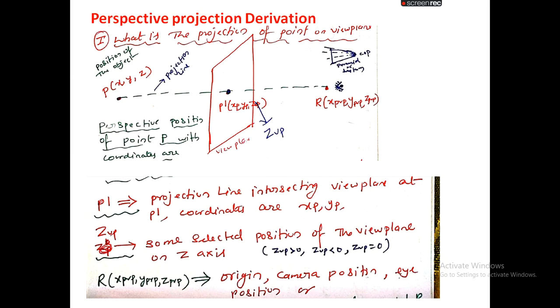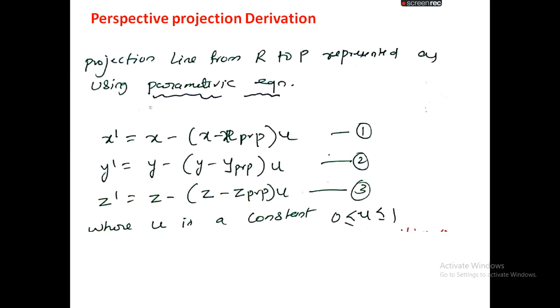So let's begin with the derivation. Whenever we want to determine the projection coordinates of any given object in space, we use a parametric equation.